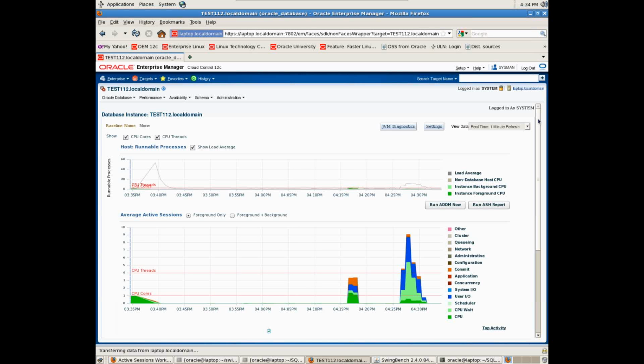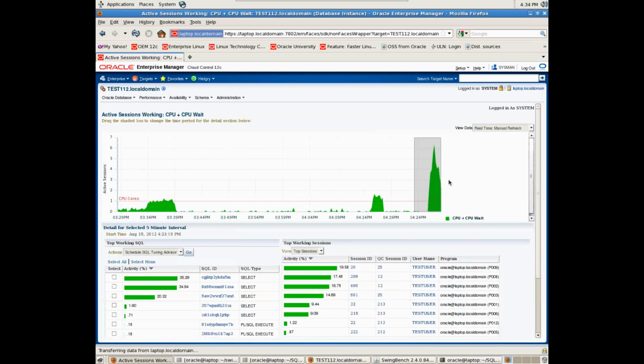So when you have an overloaded system where you've consumed all the CPU resources, not only will you see strange CPU results, lots of CPU wait here, and lots of apparent CPU consumption over here, but all your other wait times will be inflated as well.